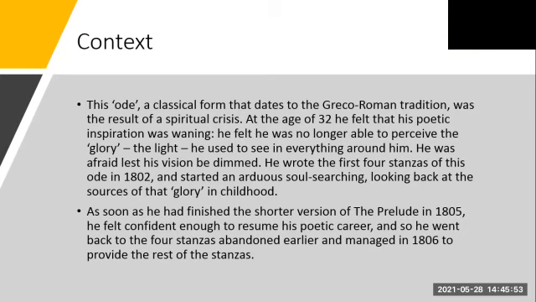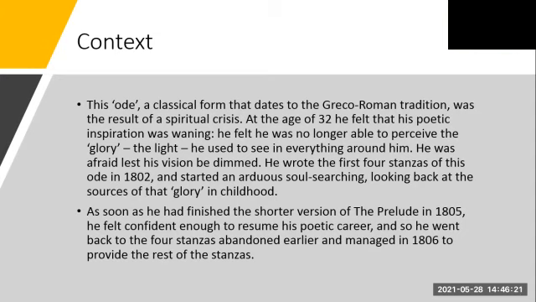Ode is the poetic form of the poem. The ode is a classical form that dates to the Greco-Roman tradition, the tradition of the Greeks and the Romans. Now, this ode, this poem, was the result of a spiritual crisis, أزمة روحية.